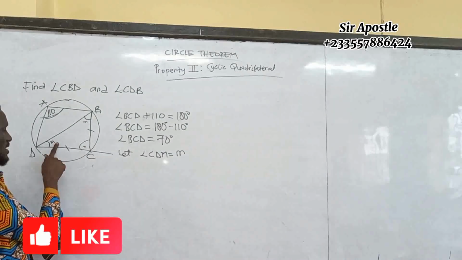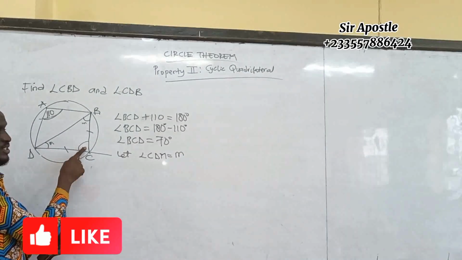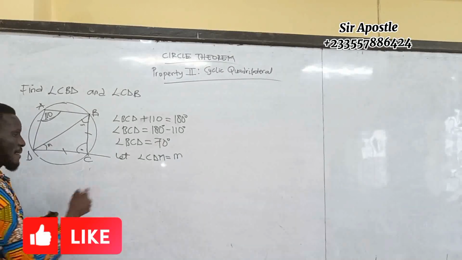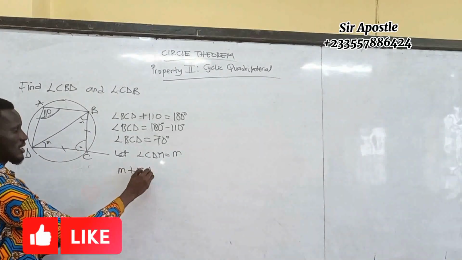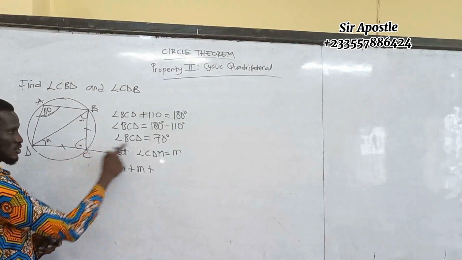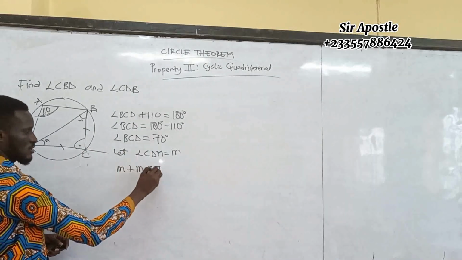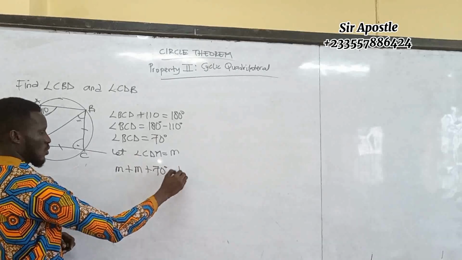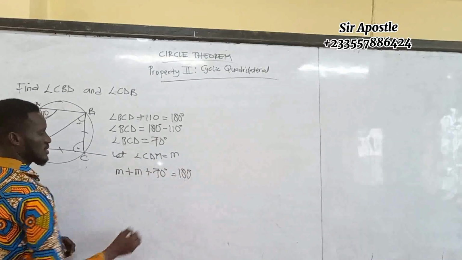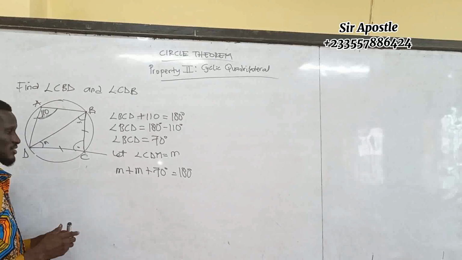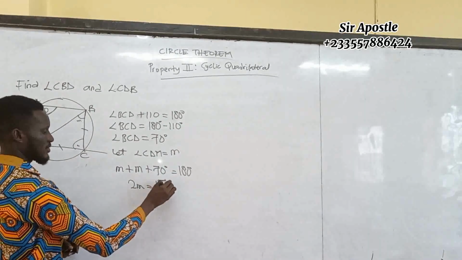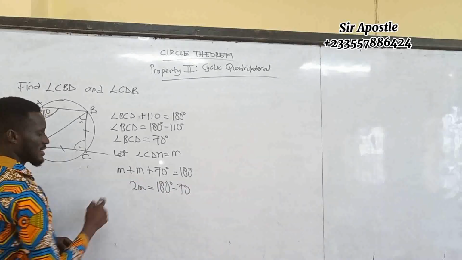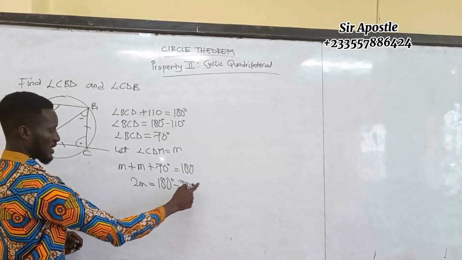So here is M plus here is M plus this part, which we've gotten to be 70 degrees. In all, it is supposed to give us 180 degrees because it's a triangle. So we have 2M will give us 180 degrees minus 70, M plus M, and then we group like this.